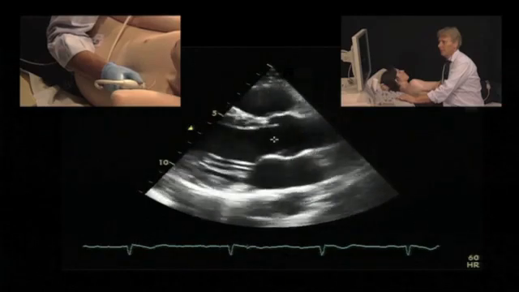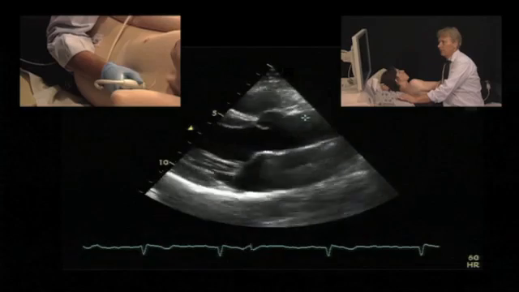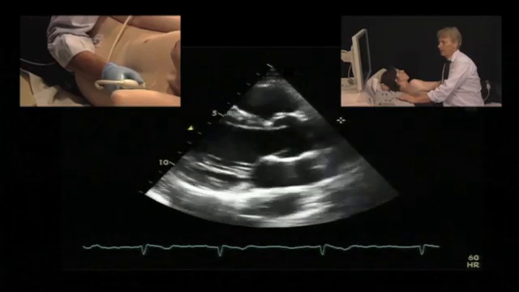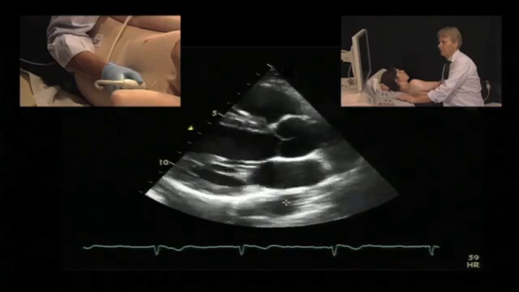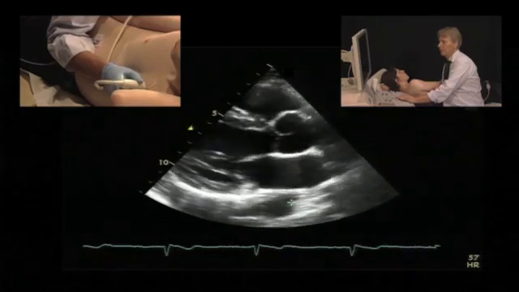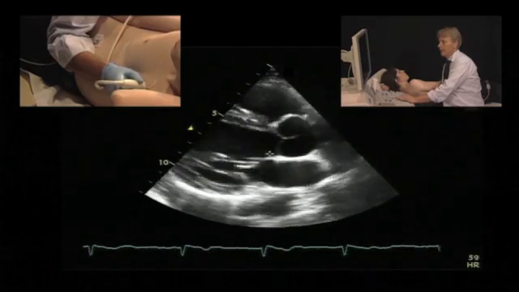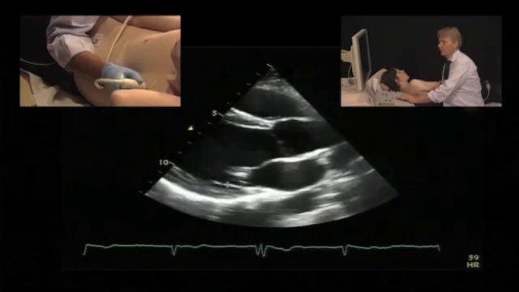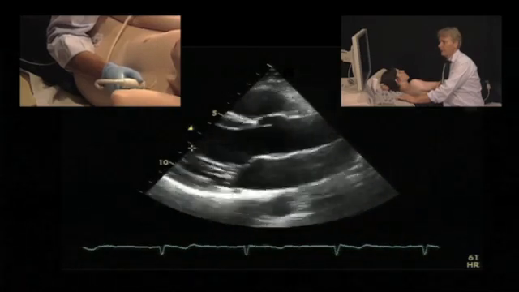This here is the aortic valve, the aortic root, the aorta, the ascending aorta. This is the left atrium. This is the descending aorta, which we hit orthogonally. This is the coronary sinus. And here we have the anterior and the posterior mitral valve leaflet, and also the papillary muscle.